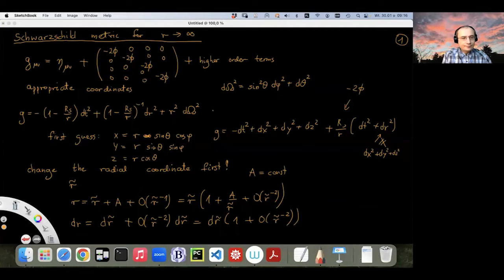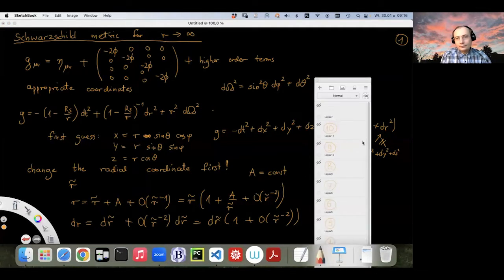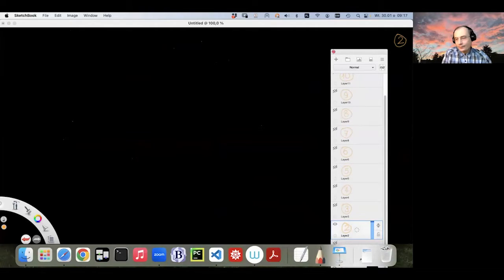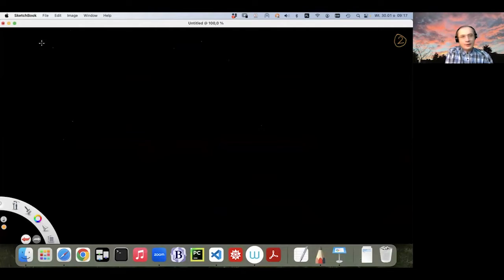Then let's go to page number 2, Blackboard 2. Then we have terms like rs over r, which is rs over r tilde plus a plus O of r to minus 1. Again, we need an asymptotic expansion in case r tilde and r go to infinity.